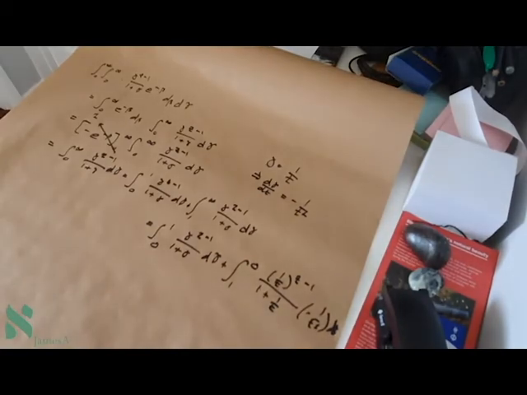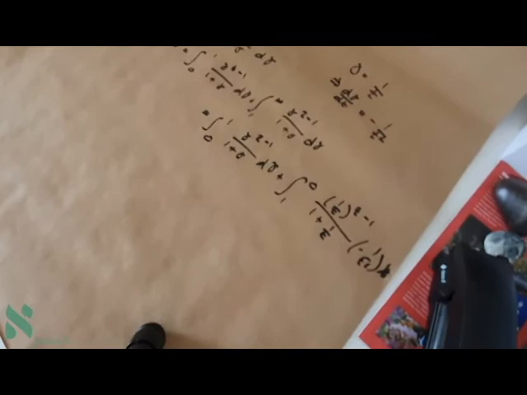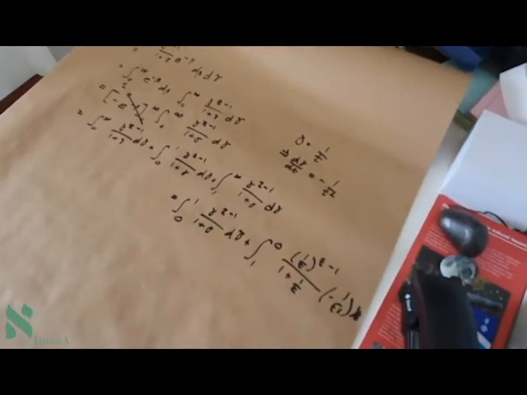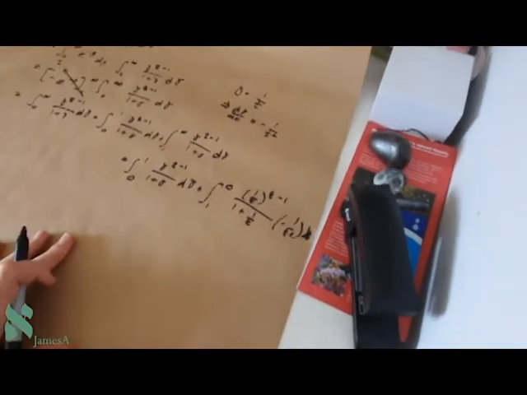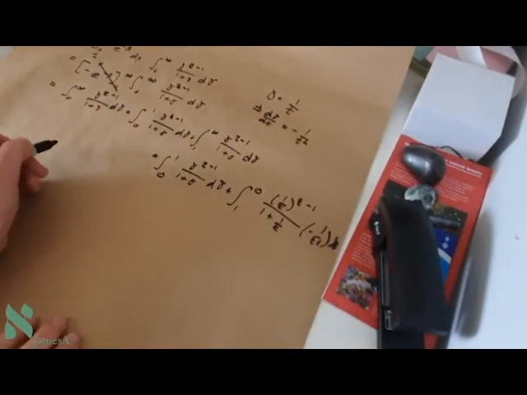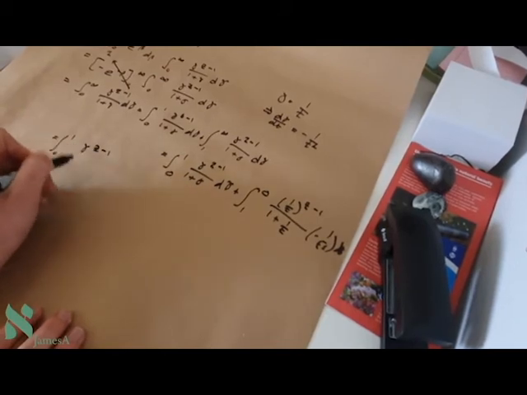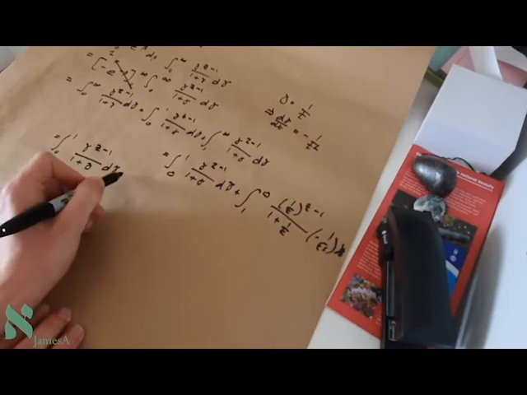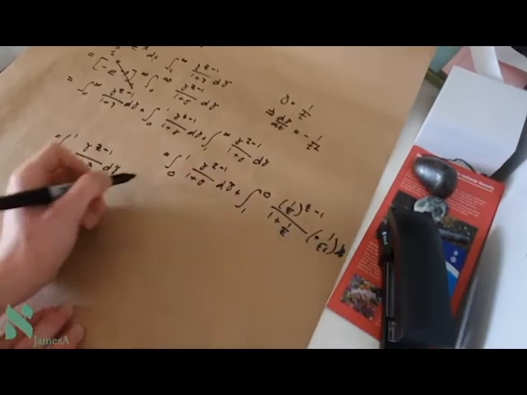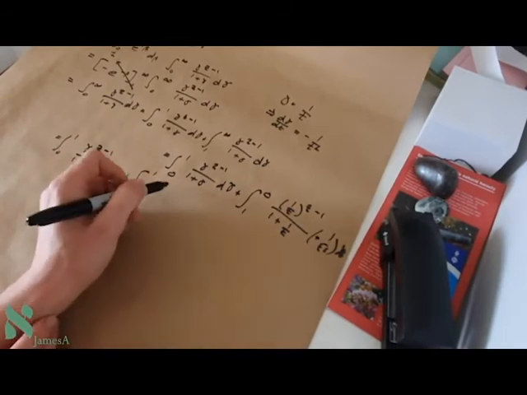And now moving the camera slightly, or even better, move the paper upwards. Sorry, I had to move the camera. And then we go from 0 to 1 of gamma to the z minus 1 over 1 plus gamma d gamma. And then, because of that negative there, you can swap the limits and then put in the 1 over t.